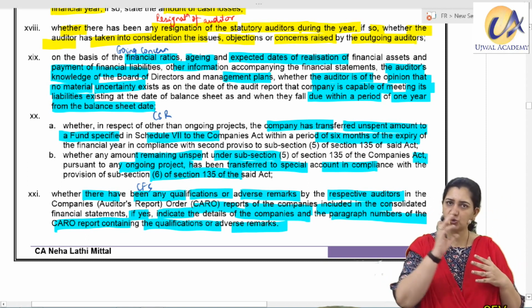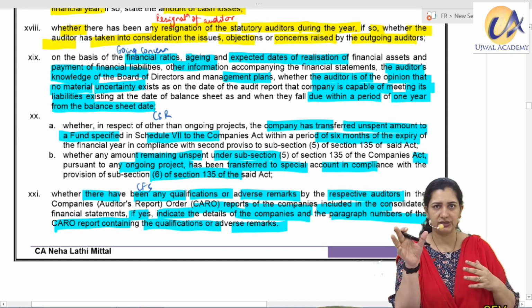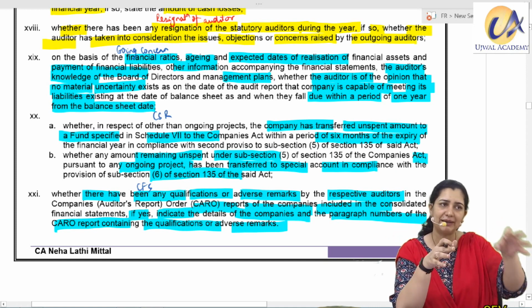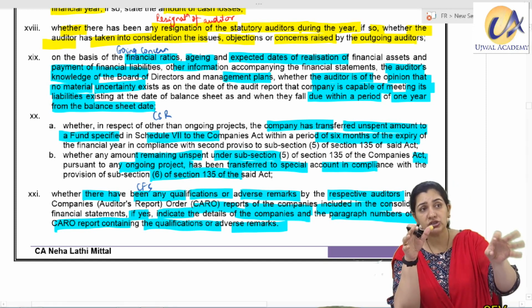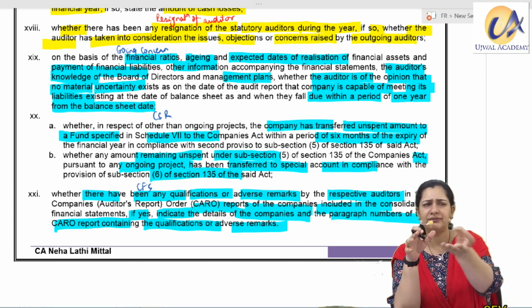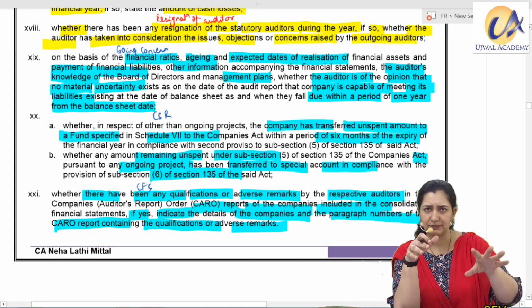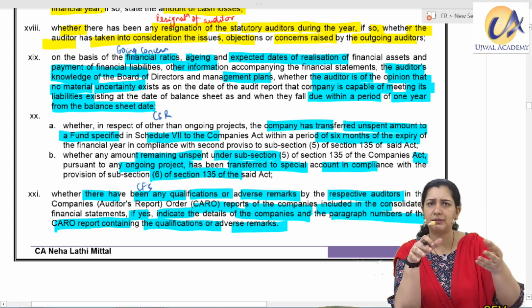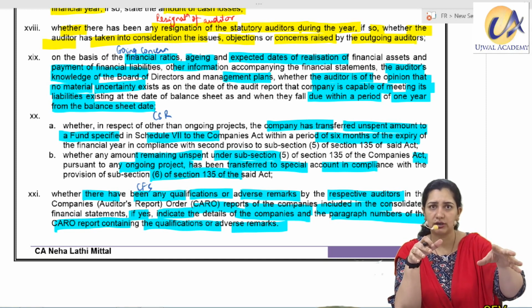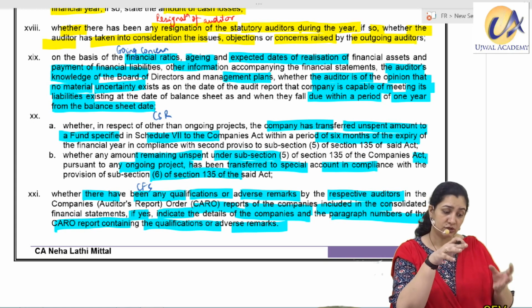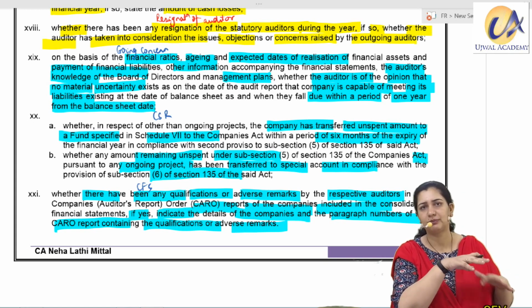So S1, S2, S3, their company auditors are going to report on Caro for that particular company. So in those 21 points, what they have reported, if they have any qualification, point number 9, suppose there's a fraud or something, there they have found out. Point number 11, fraud. So we have to mention that here. Got the point? So this is where the CFS point will come.